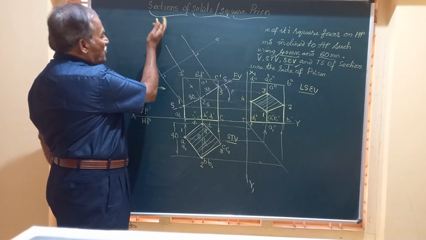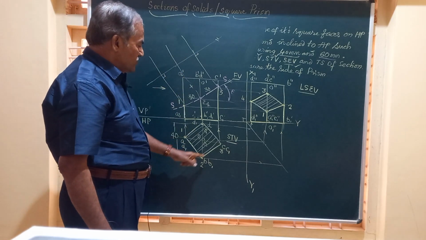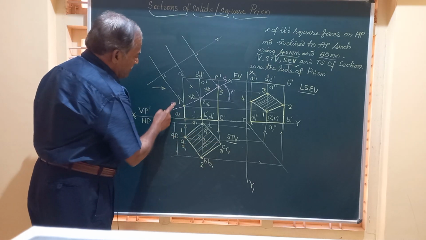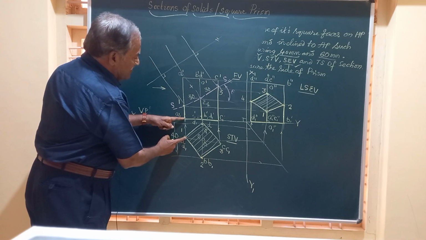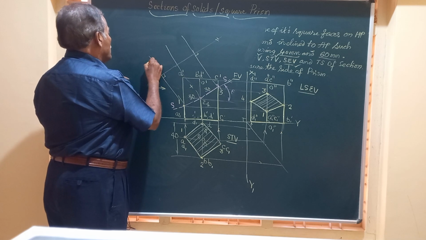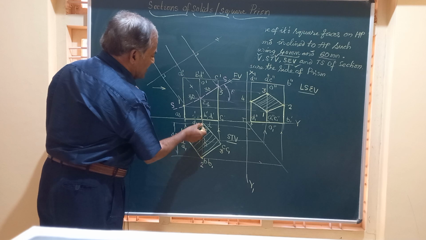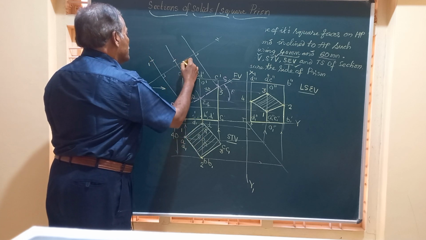So here above this line, we have to mark the points 1, 2, 3 and 4. Friends, start from the point 1. Point 1 should be marked on this. This is this much distance from xy. So I will mark that point as 1 here. Then 4 is very close to this, at this gap here. So this is going to be 4.